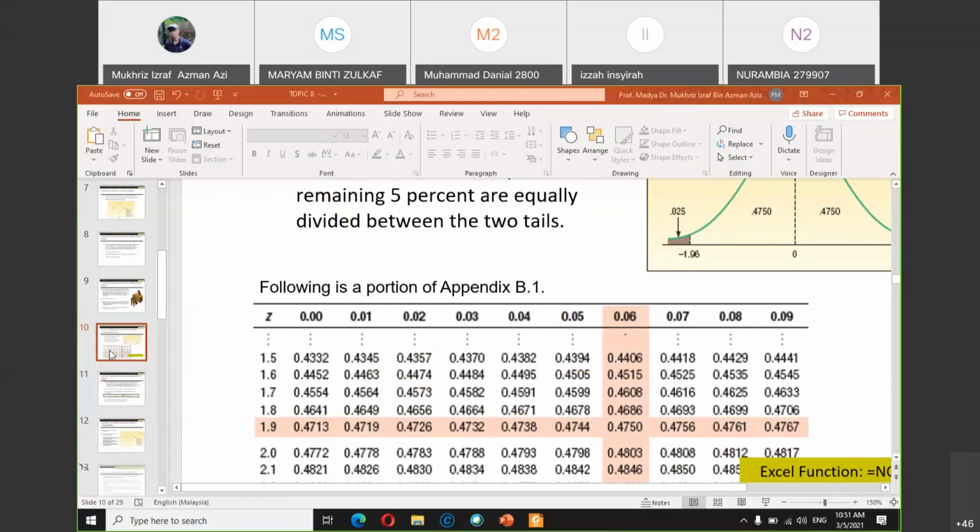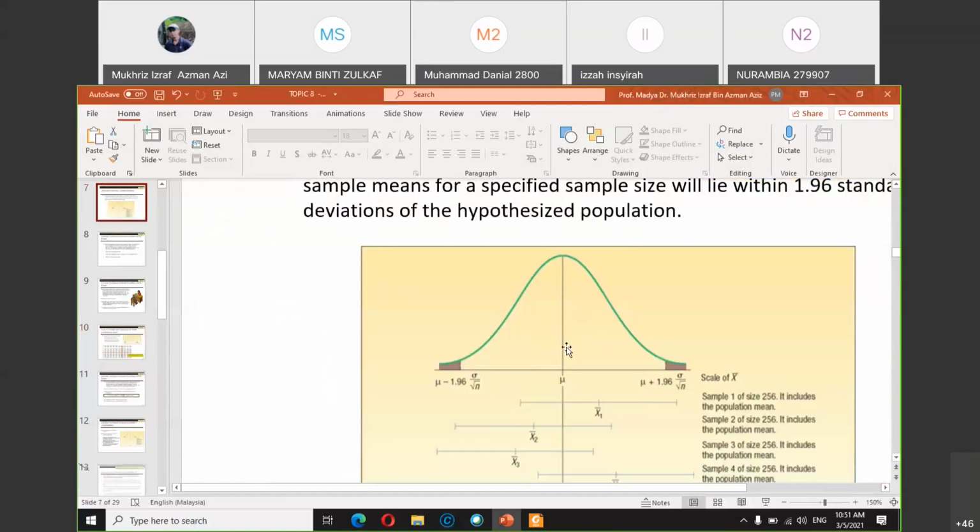Let me go back to the slide from just now. You can see from this part, 95%.